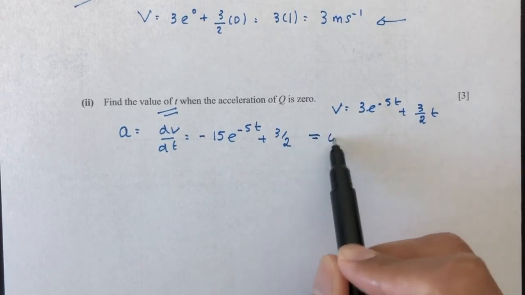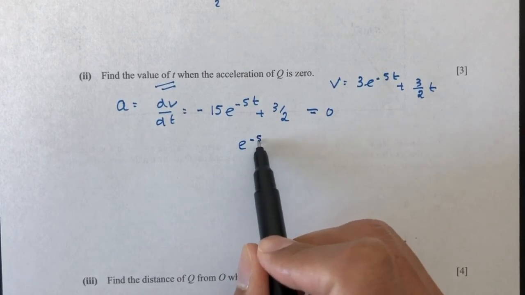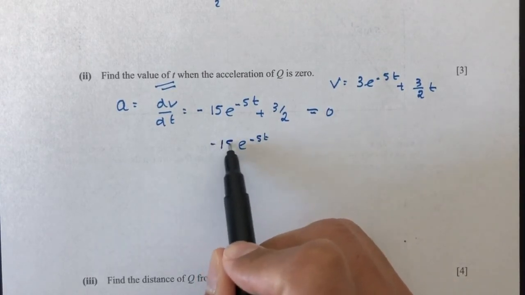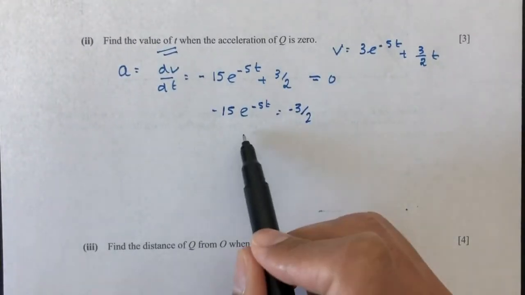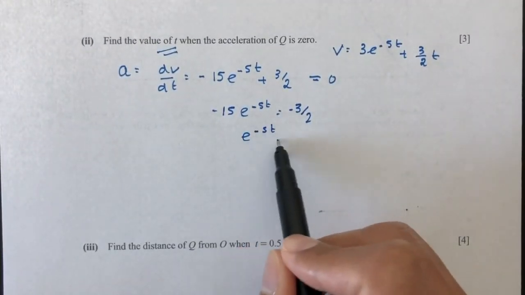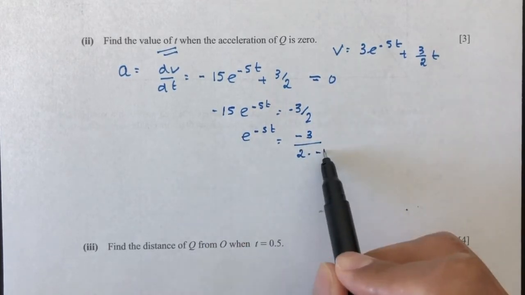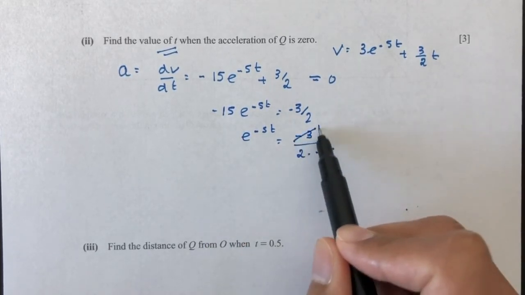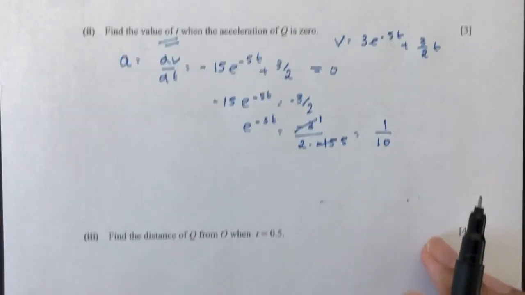That is equal to 0. Let's solve for the value of t. So -15e^(-5t) will be equal to -3 over 2. So e^(-5t) will be -3 over 2 divided by -15. That will be 1 over 10.